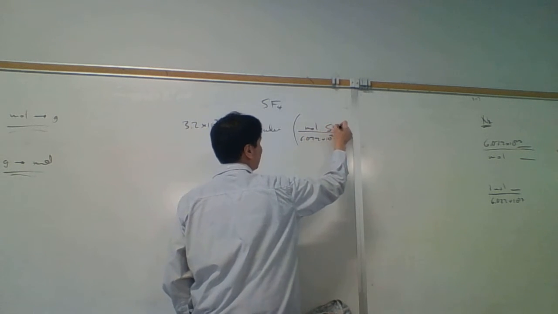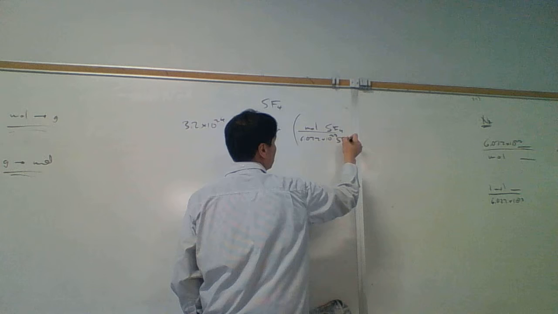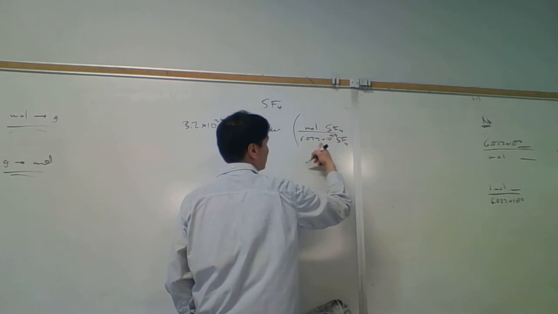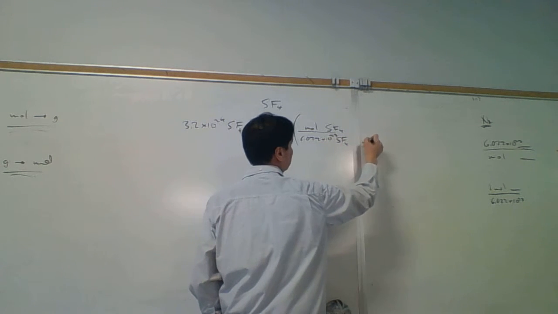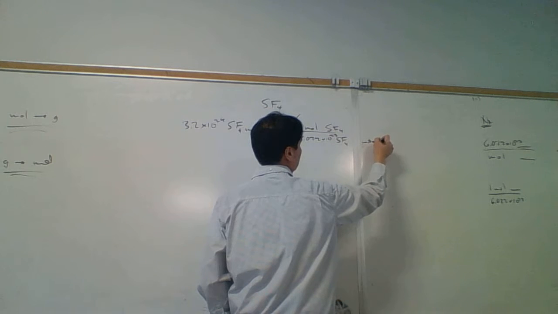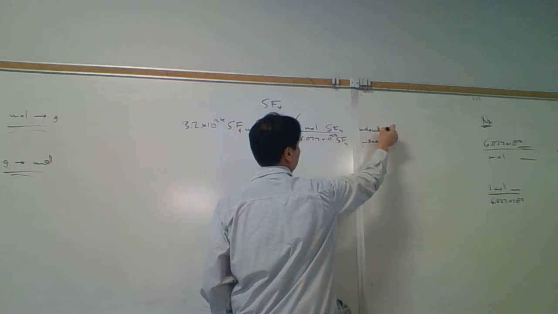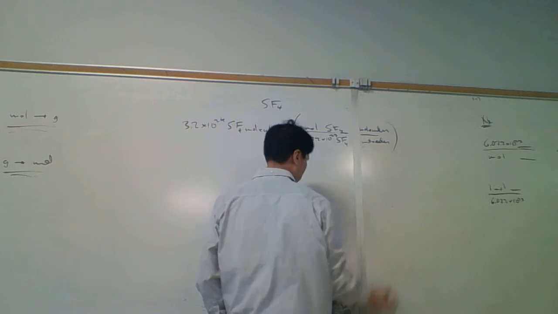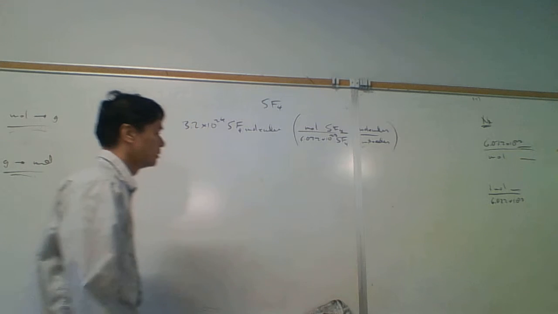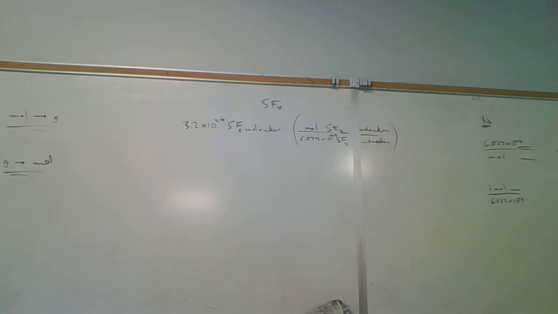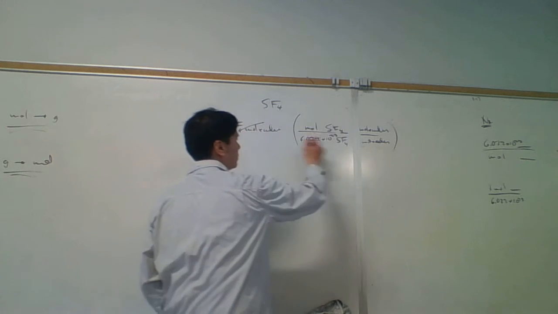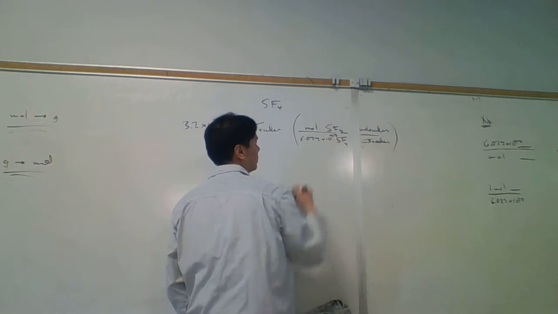So a mole of SF4 consists of 6.022 times 10 to the 23rd SF4 molecules. Usually we don't describe things to this much detail. It's okay. And so the individual molecules cancel out here, and we're left with the moles of molecules.